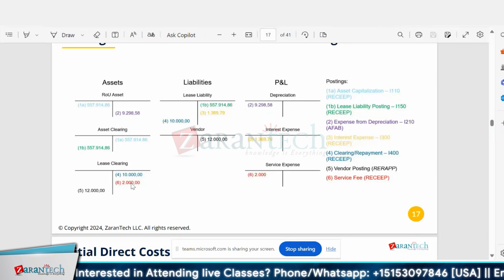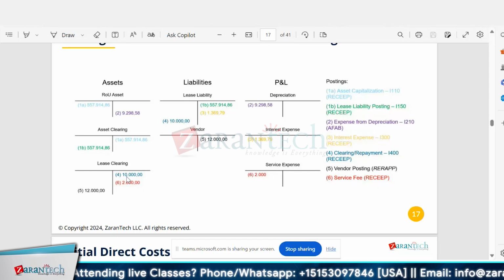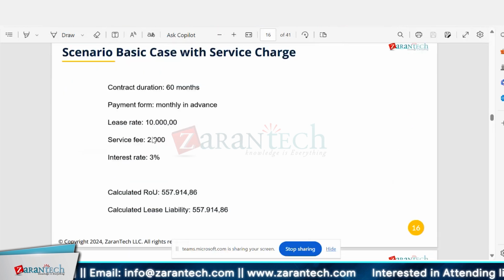Okay, and both 2000 plus 10,000, lease clearing account debit 12,000 and vendor account credit 12,000. You got my point. So this amount is not considered under your asset consideration, so this should not be capitalized.